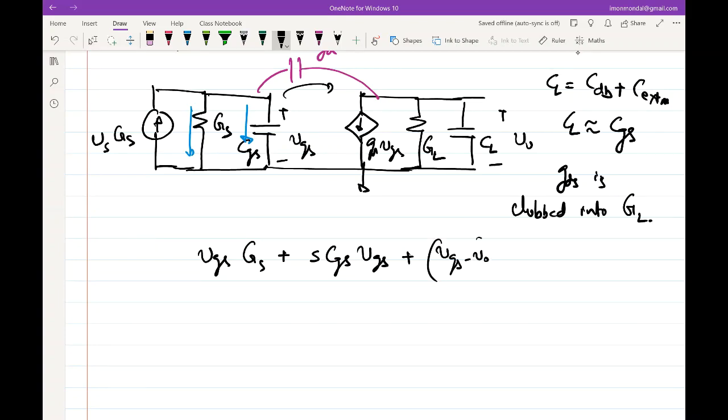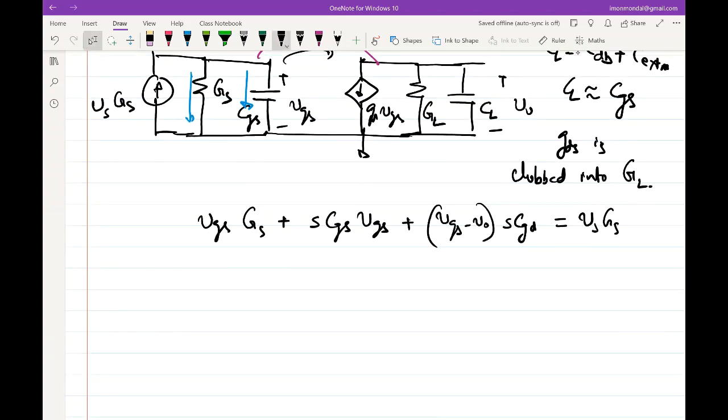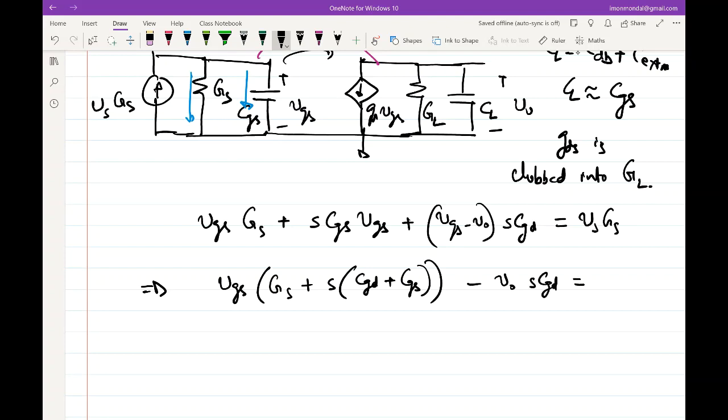(VGS minus V naught) SCGD. This is equal to VS GS. So let me put things in a proper order. I'll club all the things together. So this becomes VGS times GS.